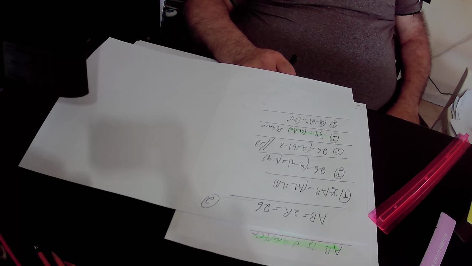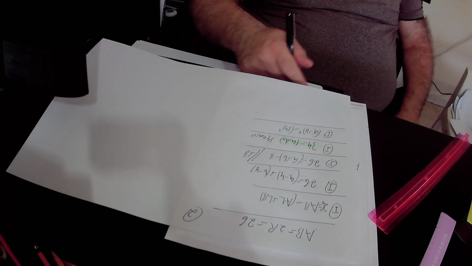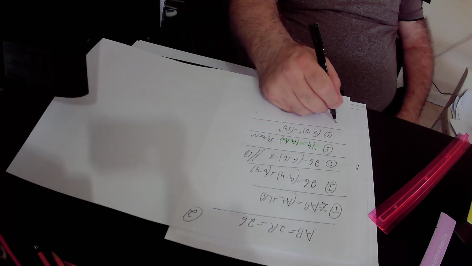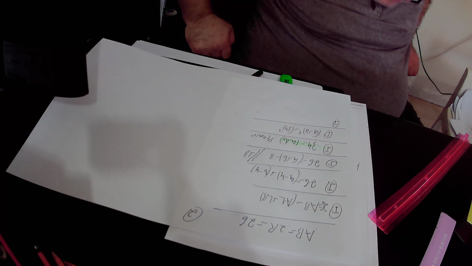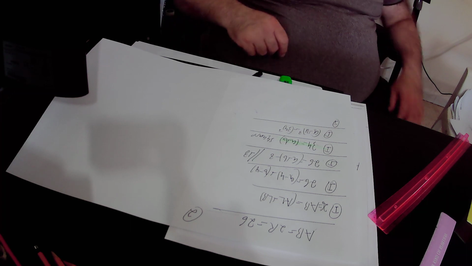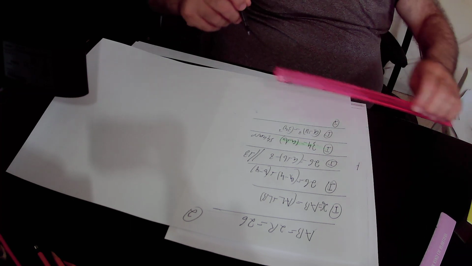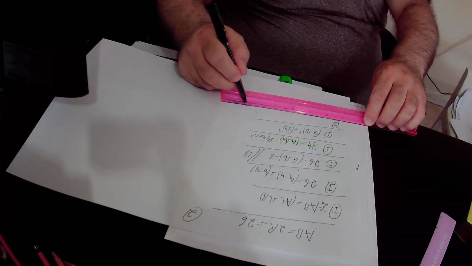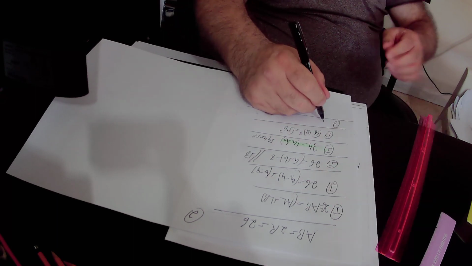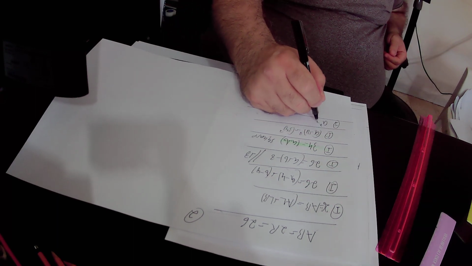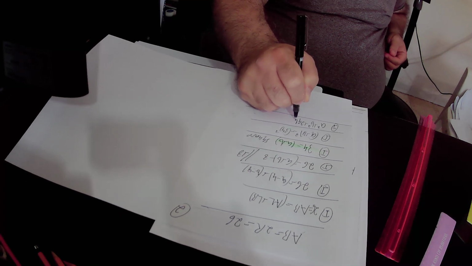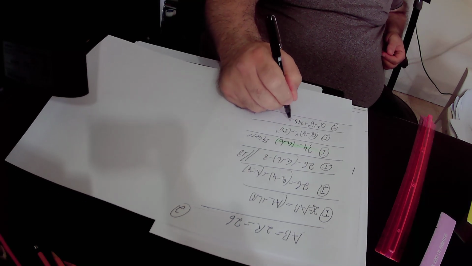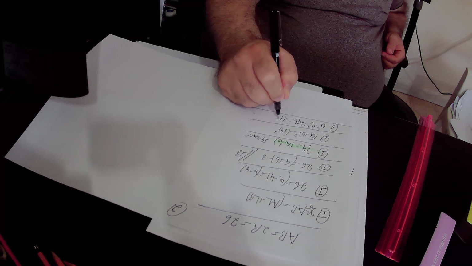Here we will open the brackets on both sides of this equation, and we will get that A plus B squared equals A squared plus B squared plus 2 times AB, and it is equal to 34 squared, that is 1156.